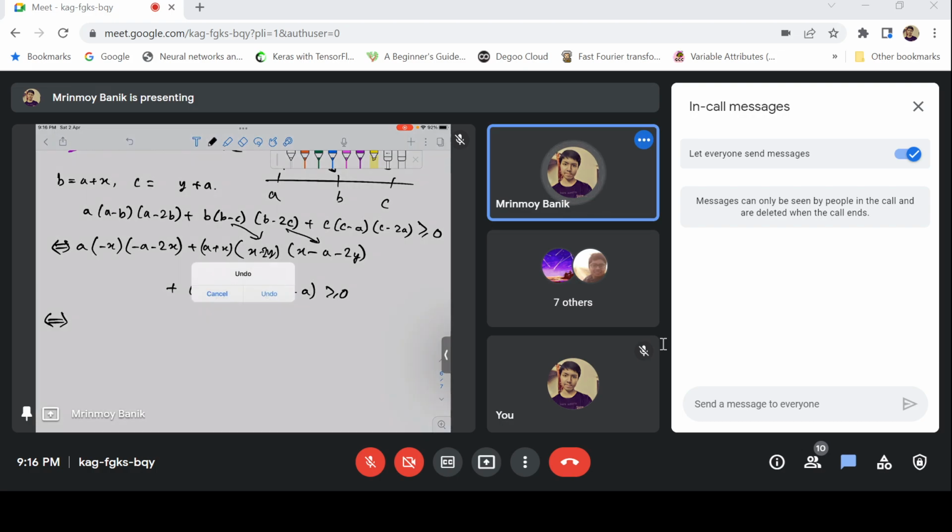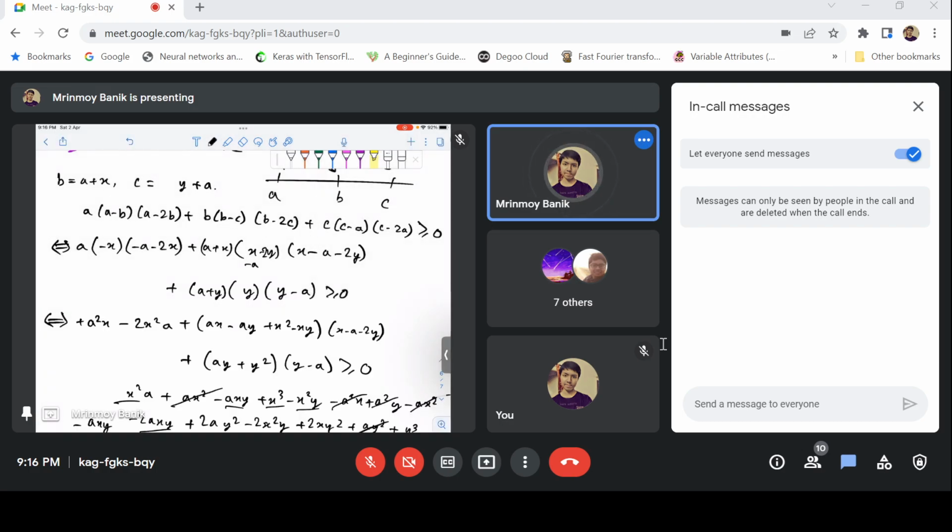How did I erase that? x minus a minus 2y. c was a plus y times c minus a is y, and c minus 2a is a plus y minus 2a, so a minus y minus a.